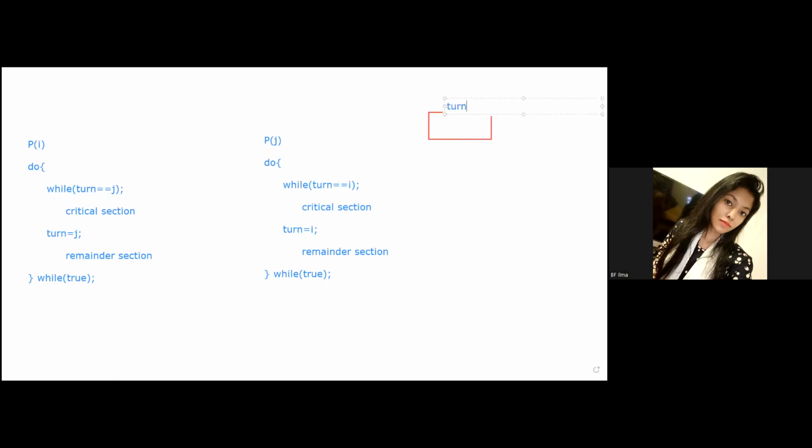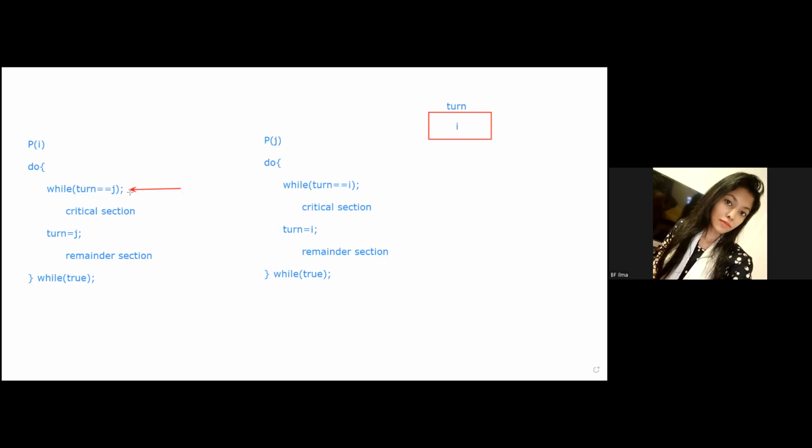Let's say this is the variable turn, and initially its value is i. This means that it's the ith process's turn to execute the critical section. So initially let's assume turn is equal to i, and then Pi will execute.